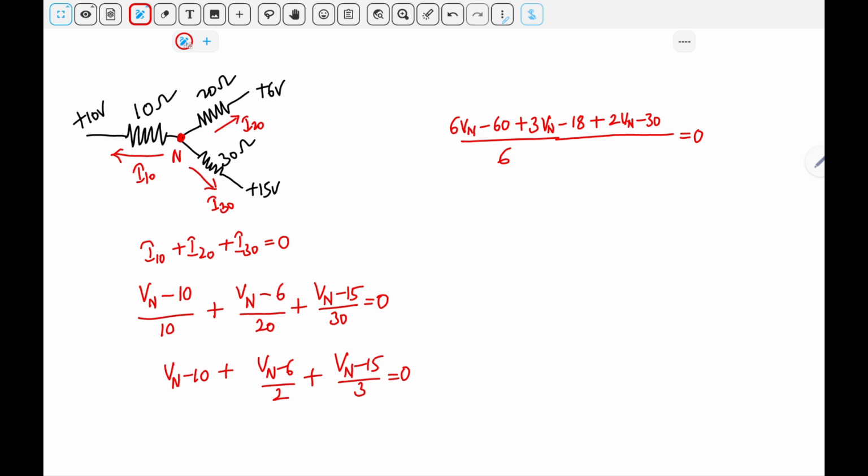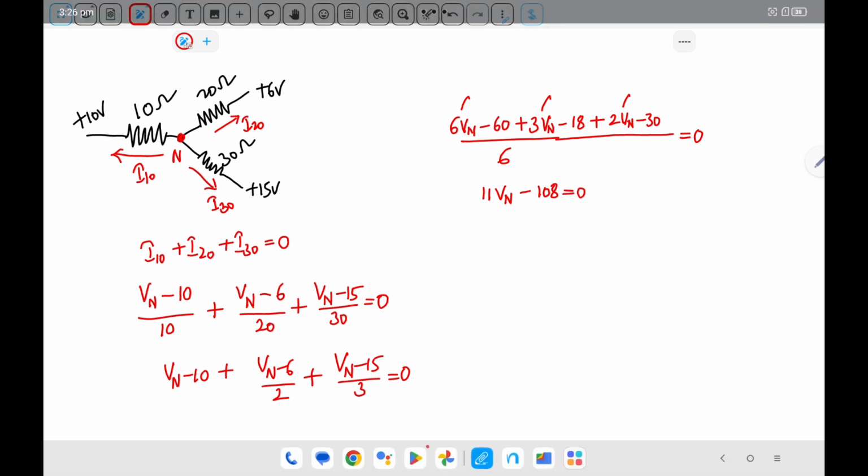Now when you multiply both sides with 6, the RHS value will not change, but on the LHS the 6 and 6 will get cancelled out, so that you will have 6 Vn, 3 Vn and 2 Vn, which is 11 times Vn, and 60 plus 18 is 78 plus 30 is 108. So 11 Vn minus 108 is equal to 0.